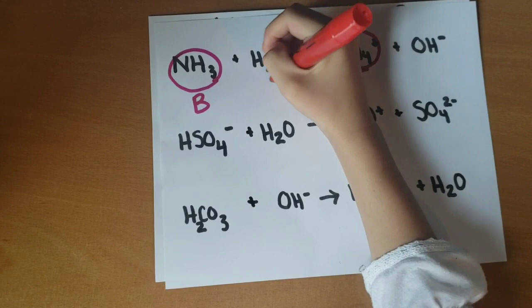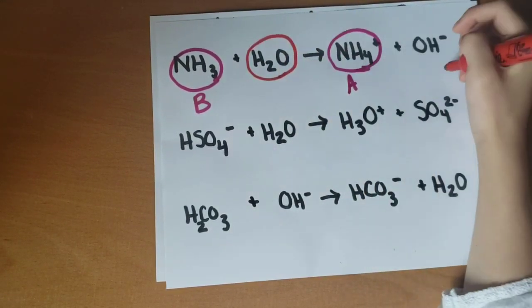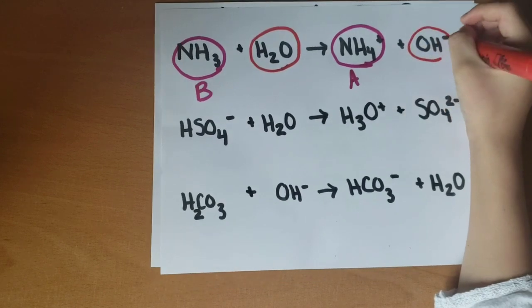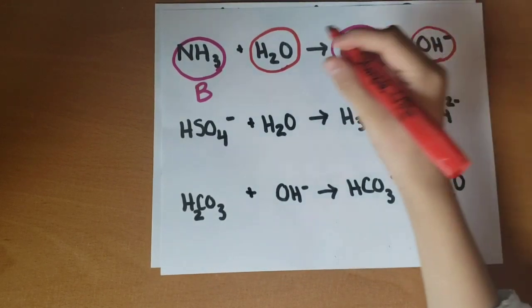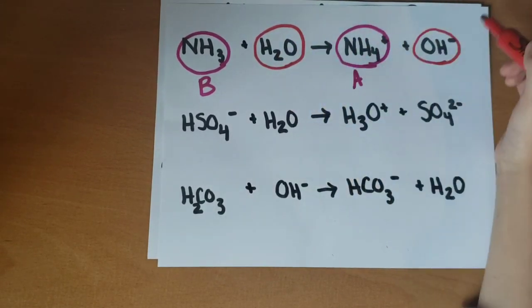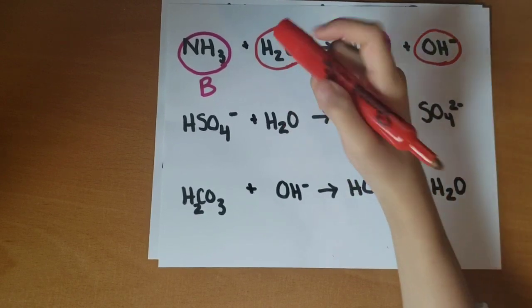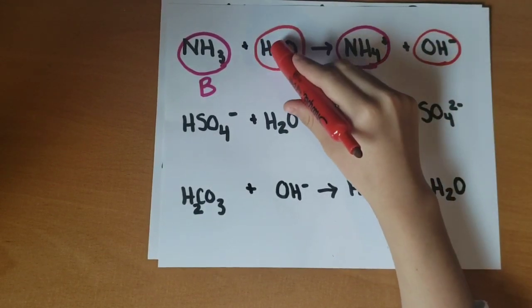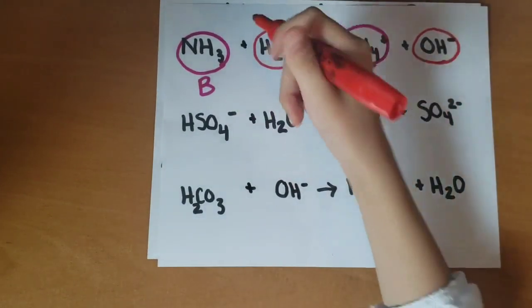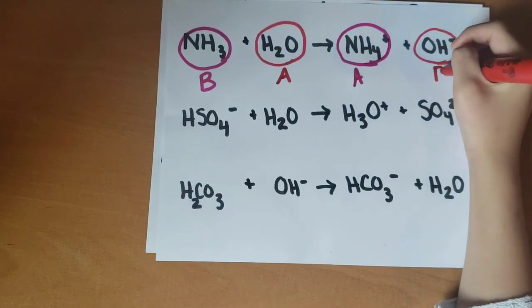Well, over here is H2O. And this one is its pair. It's paired up because this has 2 H's, while this one has 1 H. So, furthermore, because we know that this one is the greater one, this one would have been the acid, and this one would have been the base.